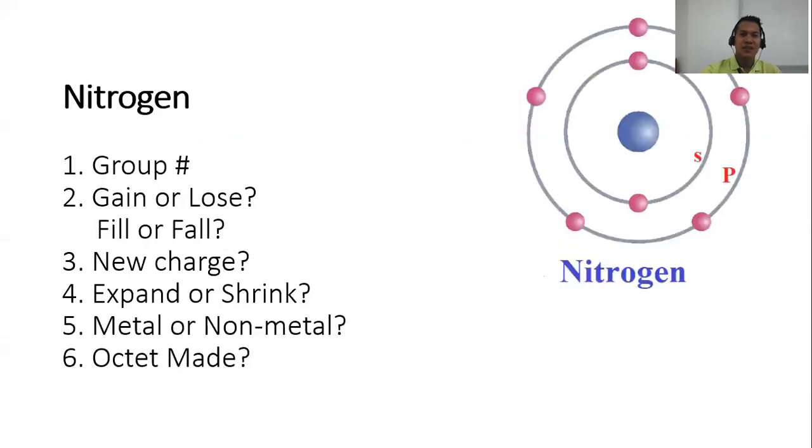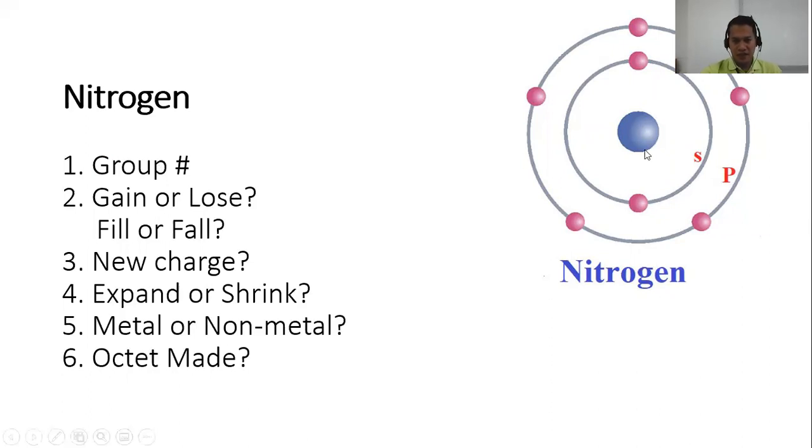Okay? Now, let's have another example. Let's use nitrogen. I would like you to answer this one. You can hit pause and then try to answer. Right, so let's answer this one.